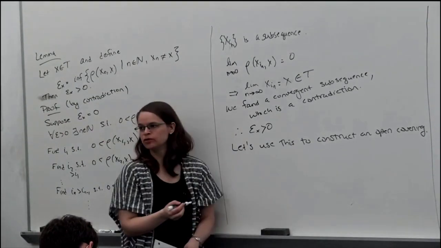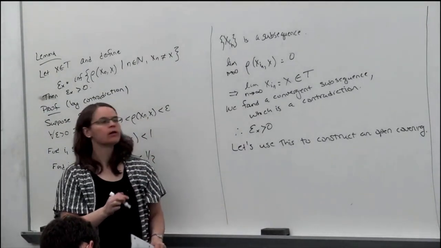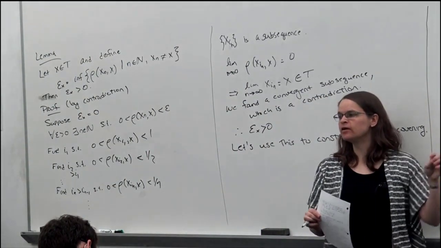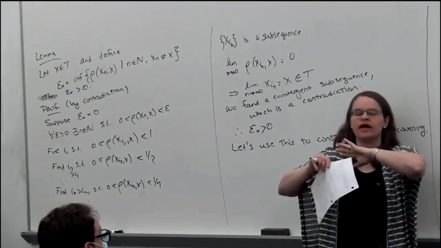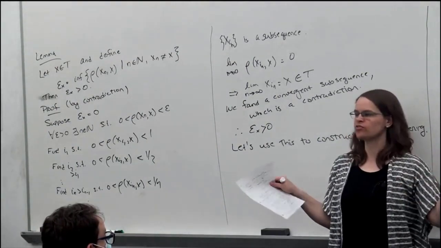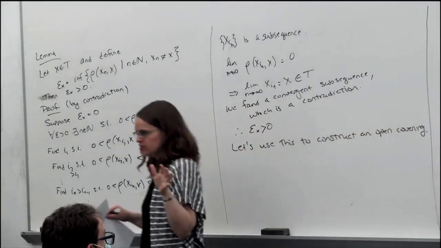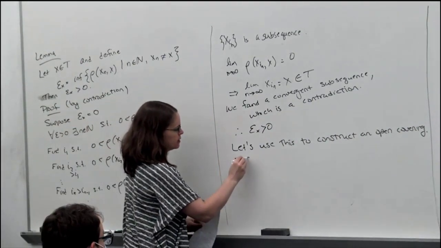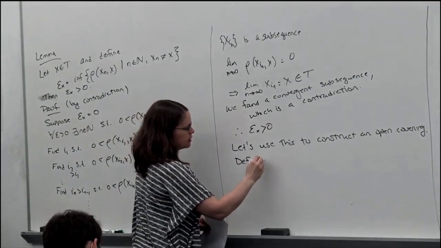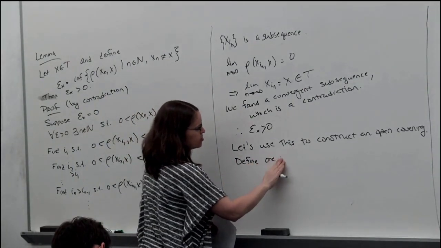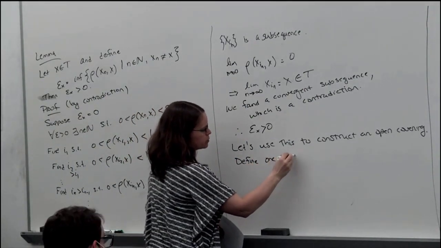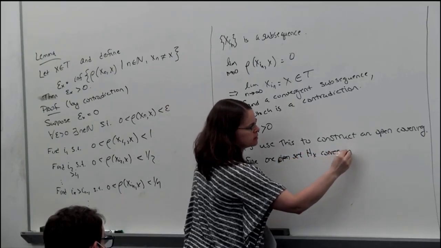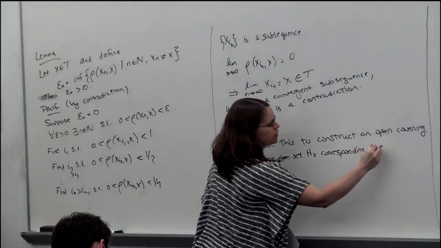Okay, so what am I going to do? Again, I'm just going to define these little neighborhoods, and I'm going to do it for every point in my set T. If I do it for every point in my set T, then I know that everything in T is covered. And maybe things are covered more than once, I don't know, but certainly everything is covered. So let's define one open set corresponding to each point.